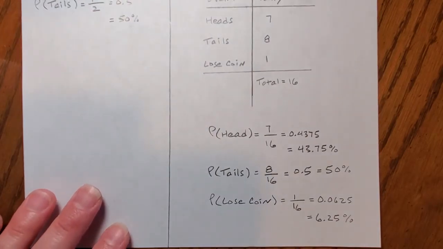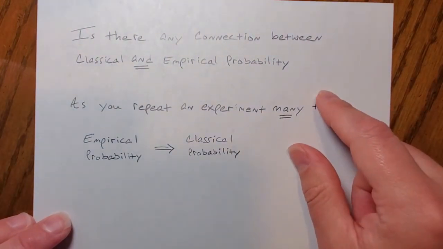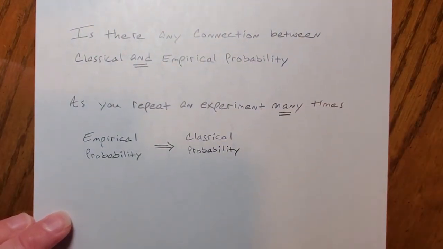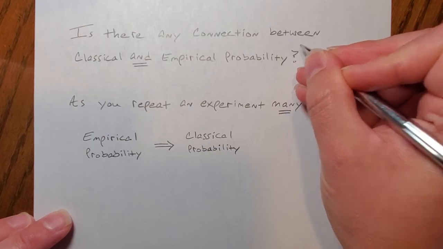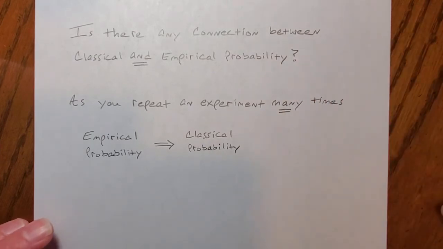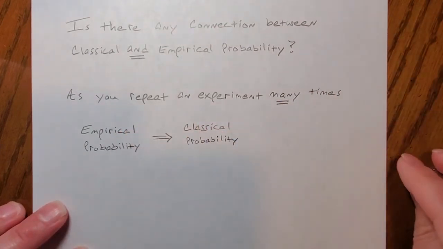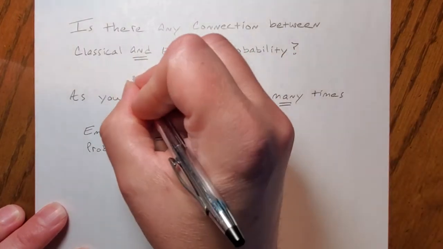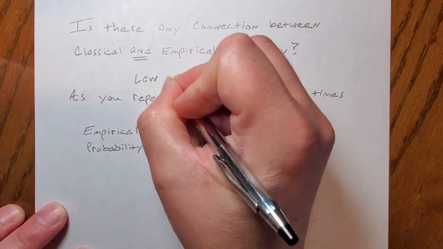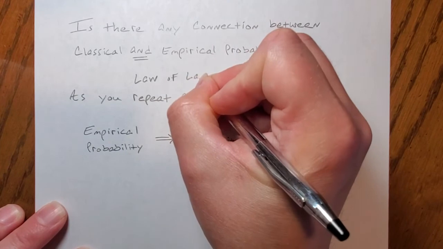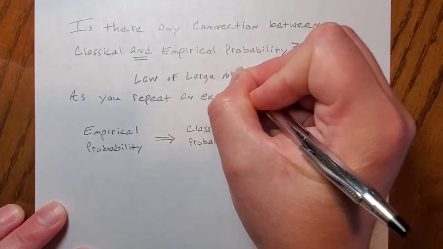But there is a connection between the two of them. So if you're wondering, is there a connection between the classical and empirical probability? Well, there's something called the law of large numbers. I forgot to write the name of this, but the law of large numbers.